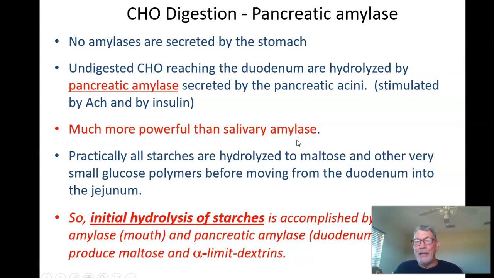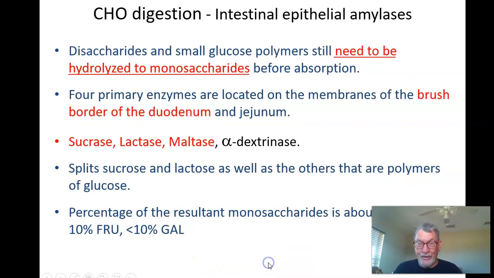You basically digest all your starch. You digest and absorb all of these nutrients. You don't poop them out. So whatever you eat, enjoy it, because it's going to add to your caloric intake whether you want it to or not. Initial hydrolysis of starches is by salivary amylase, then pancreatic amylase. And so by then, you have a bunch of maltose and limit dextrins in your intestine ready for their final processing.